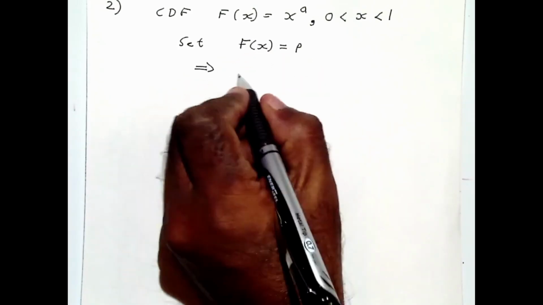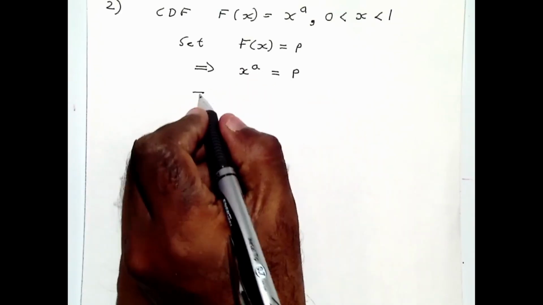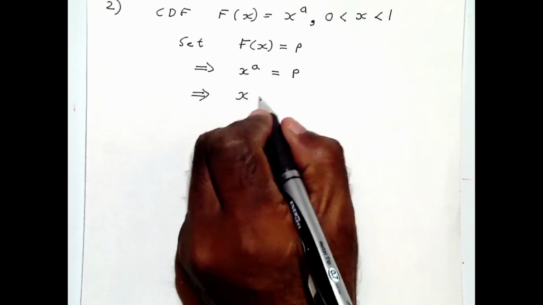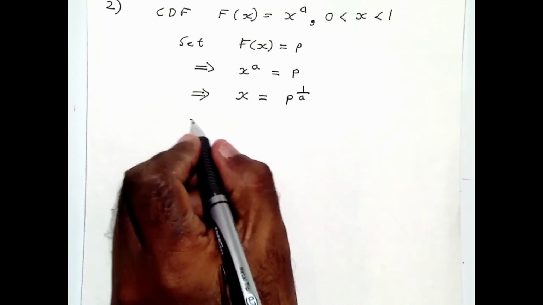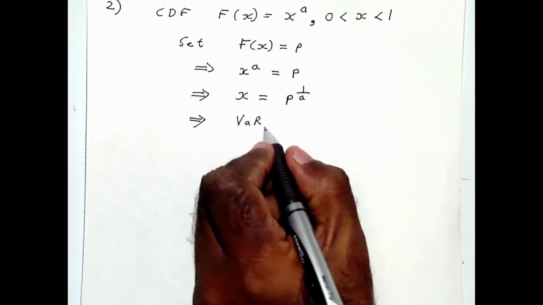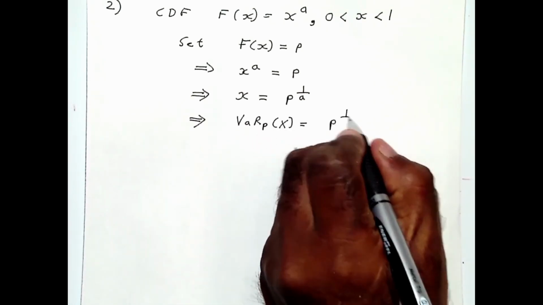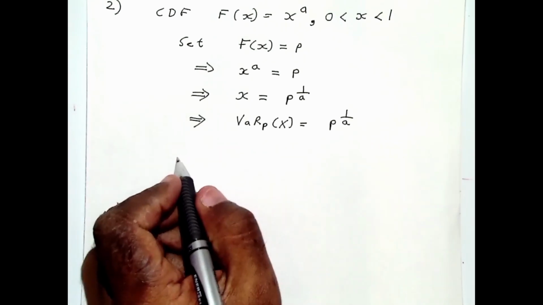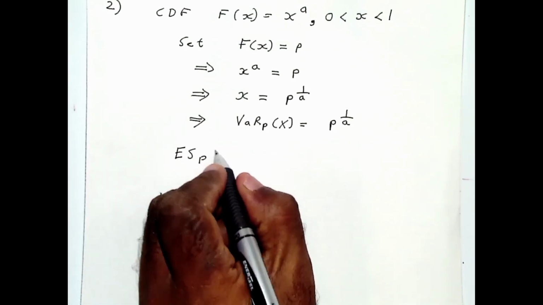So this implies that x to the power a is equal to p, which implies that x is equal to this. Hence, the formula for VaR is this.